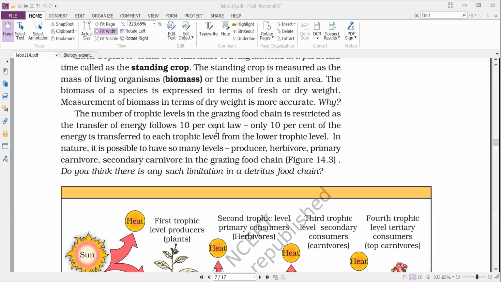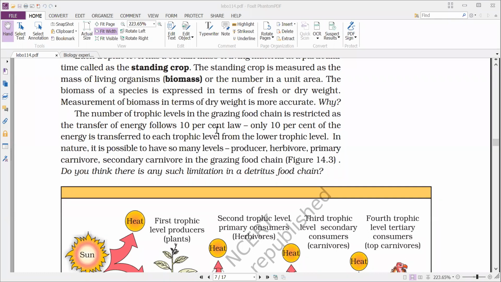Next, the number of trophic levels. The grazing food chain is restricted as the transfer of energy follows the 10% law. Only 10% of the energy is transferred to each trophic level from the lower trophic level. From the producers, the energy is transferred to herbivores, from herbivores to primary carnivores, and from primary carnivores to secondary carnivores, or top carnivores.